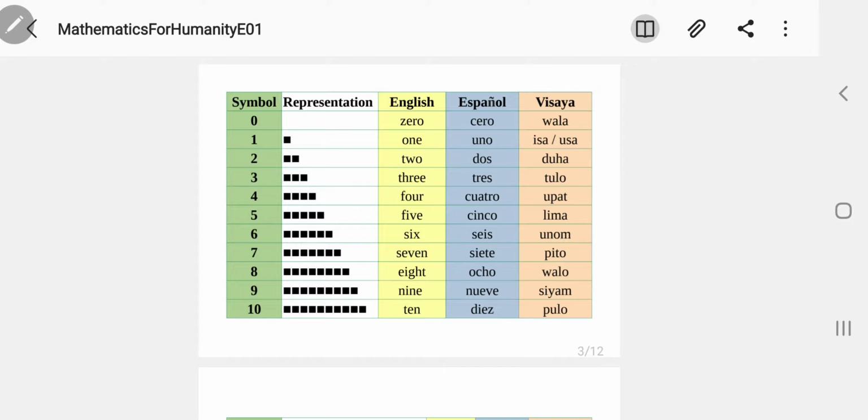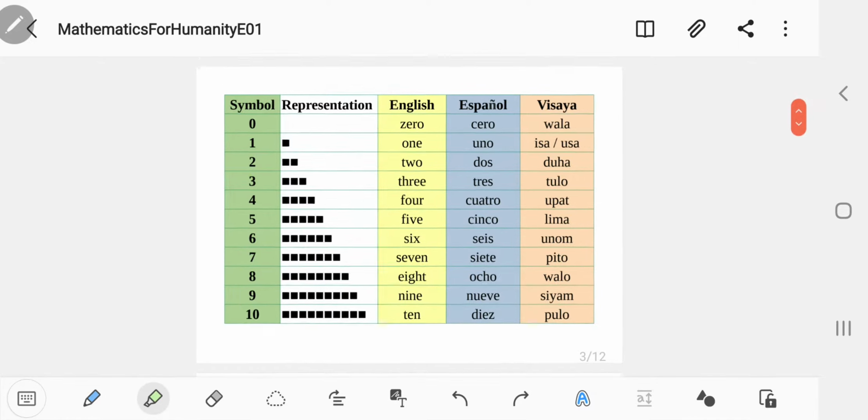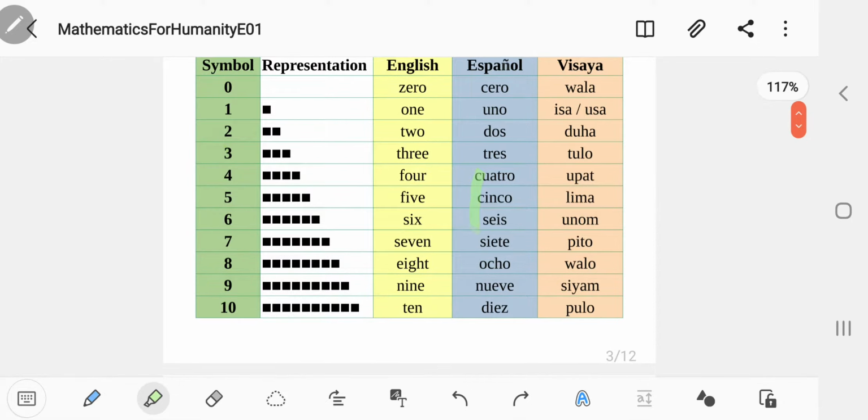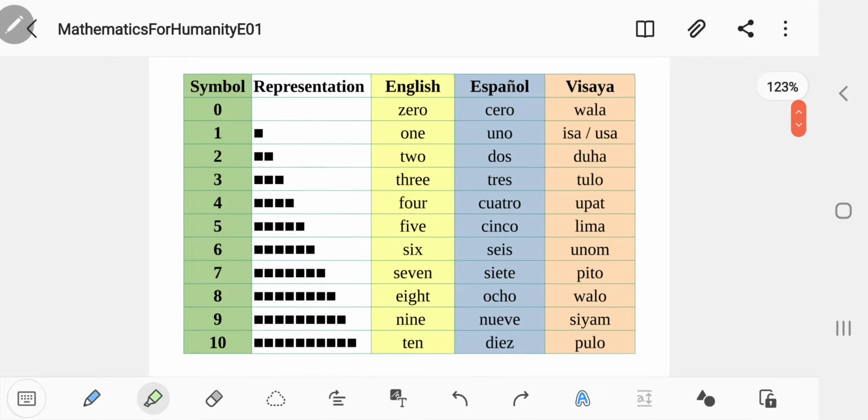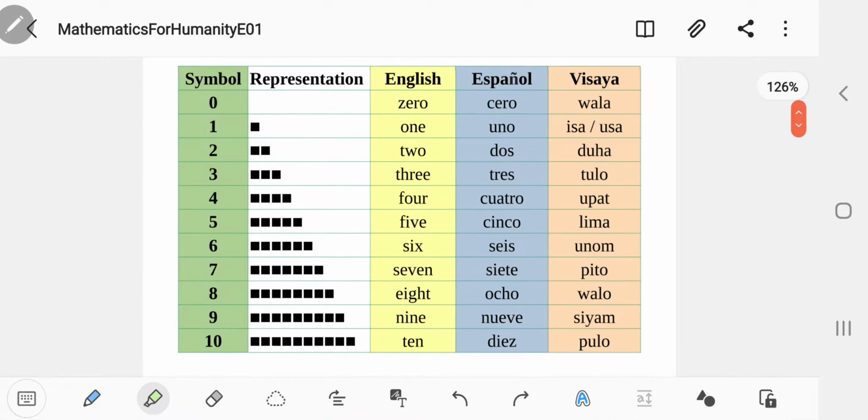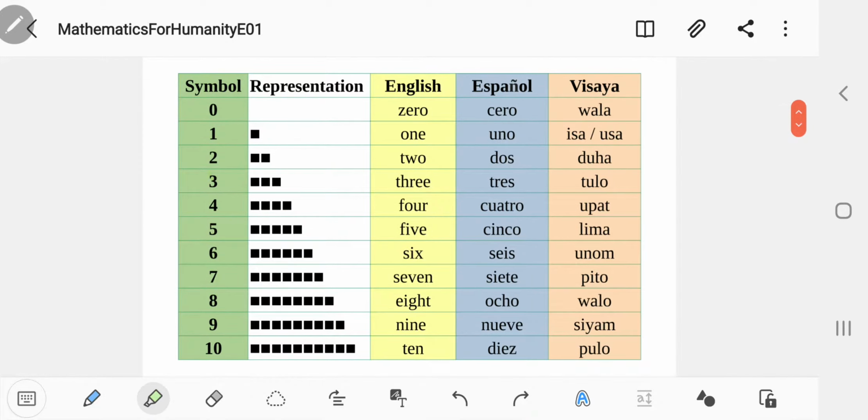For example, we can see from here that there's a symbol representing the number 0, and there's no object representation to that.